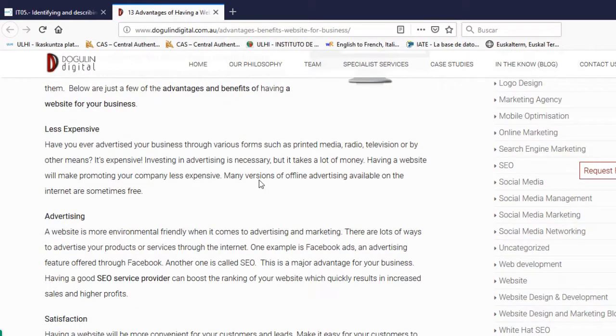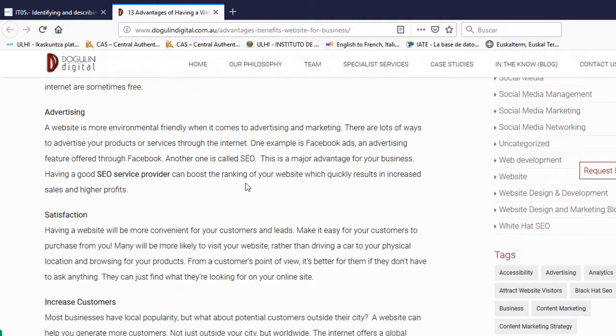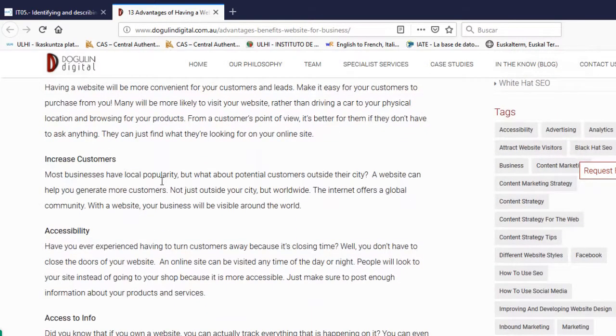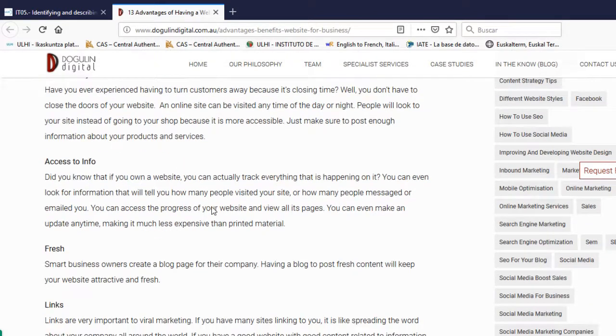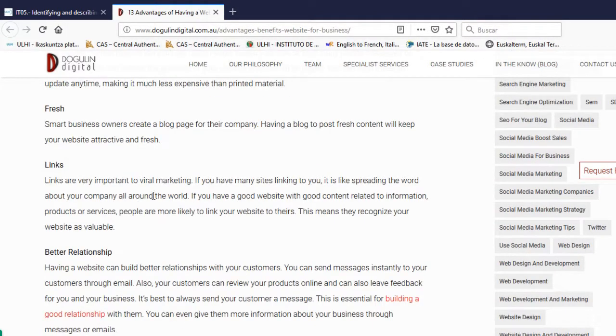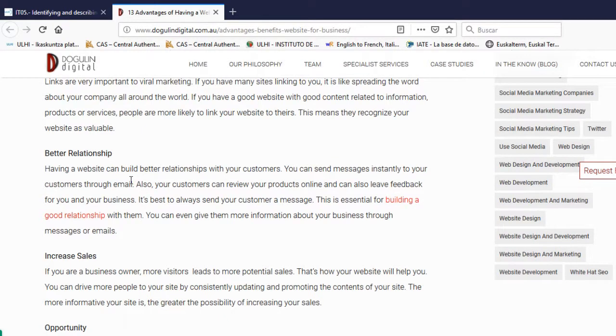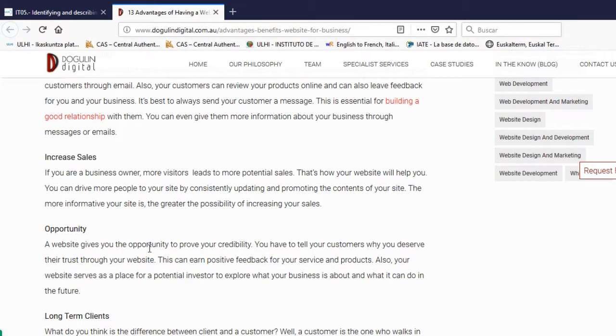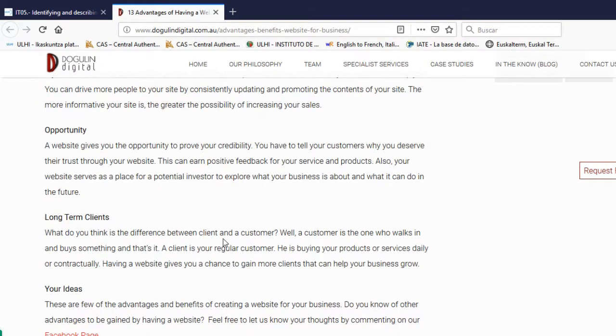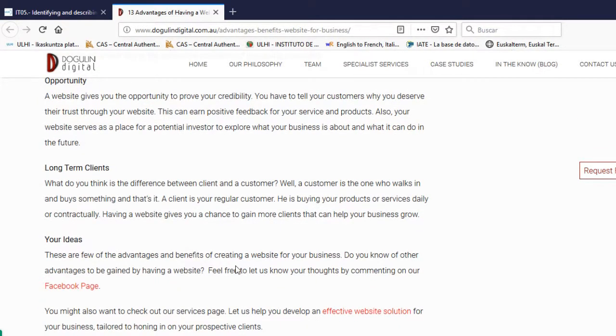So you'll be talking about different ones, like it's less expensive, advertising, satisfaction, increased customers, accessibility, access to information, it's also fresh, the links are important, and your relations will be better as sales increase, and it's a good opportunity for long-term clients, and you can get many ideas from it.